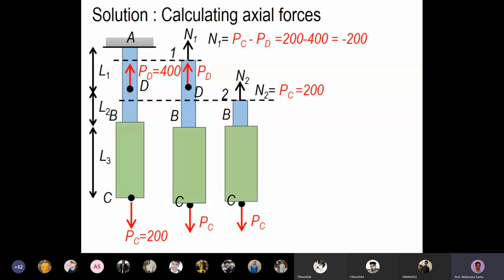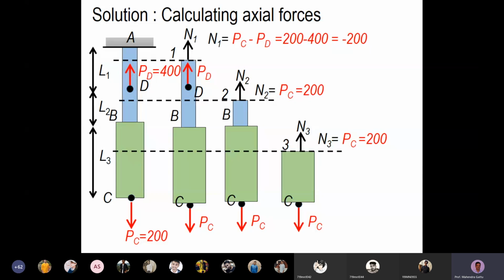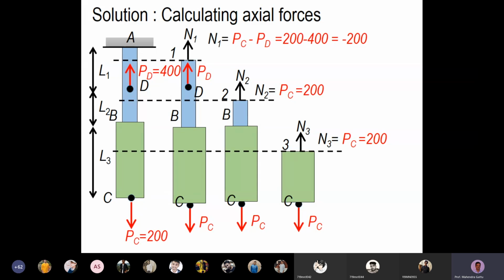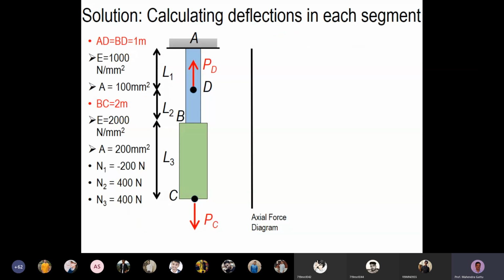So N2 value is 200 here, and we'll cut the segment BC, and here N3 value will be 200. With this information, we will draw the axial force diagram.